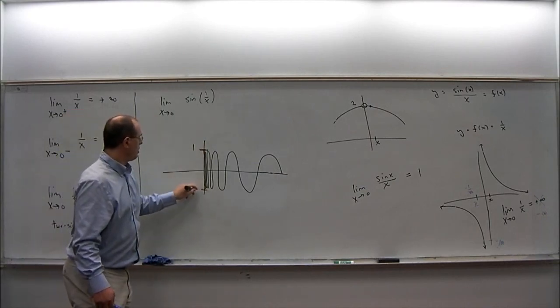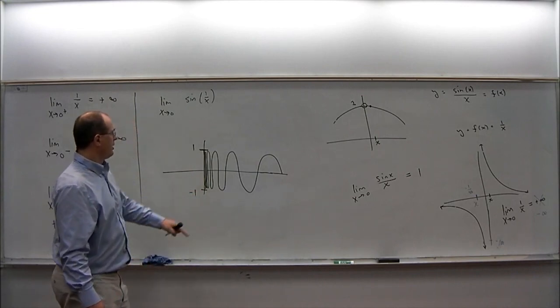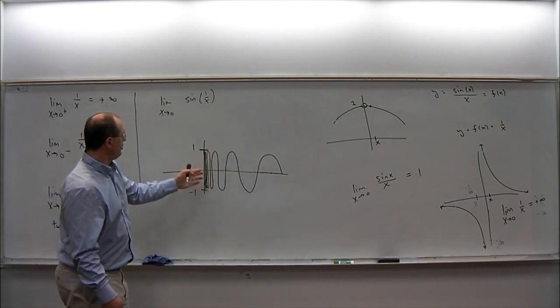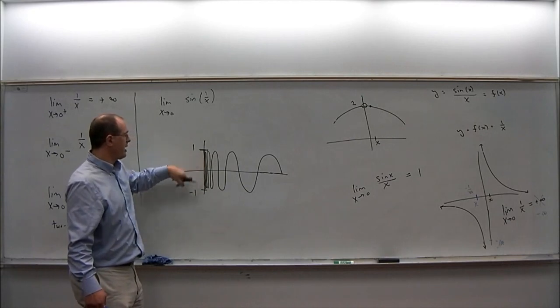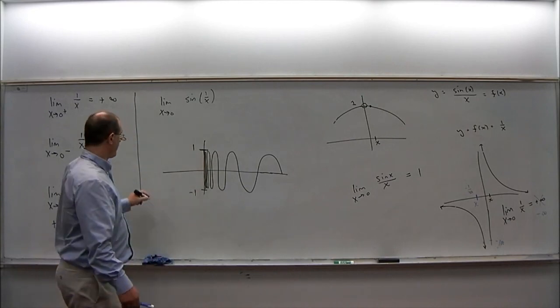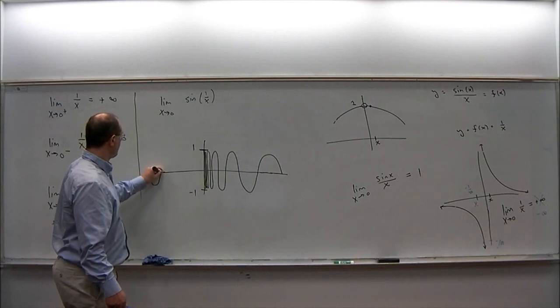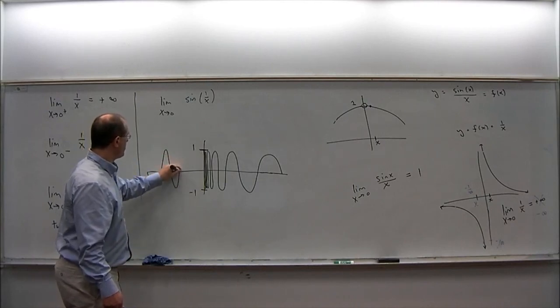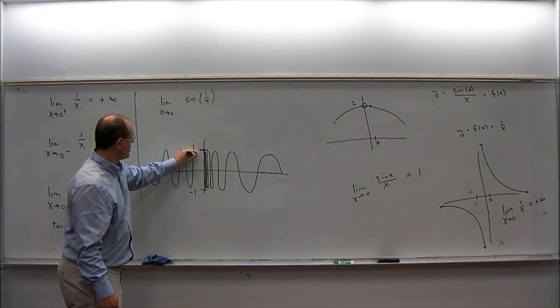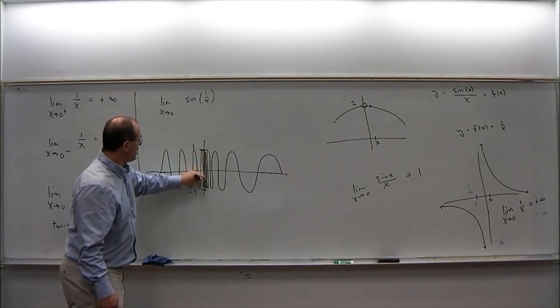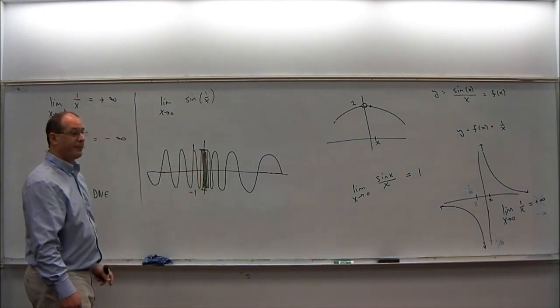It's capped there at 1 and down there at minus 1, and as x gets closer to 0, it oscillates more rapidly. And the same thing happens on the other side. It oscillates between minus 1 and 1, and as you get closer to 0, it oscillates more and more rapidly.